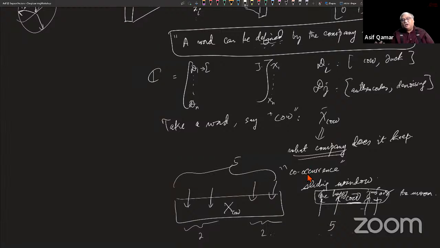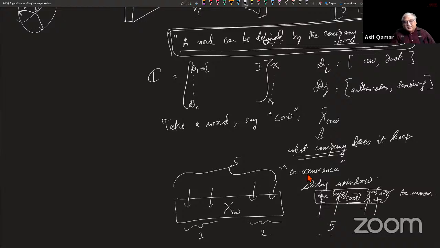People play around with different window sizes, depending upon what you consider company. The company of a word, how far are you willing to go away from the word? It's a matter of choice. Think of it as a hyperparameter of your model. But you can ultimately translate this famous sentence in many, many ways.